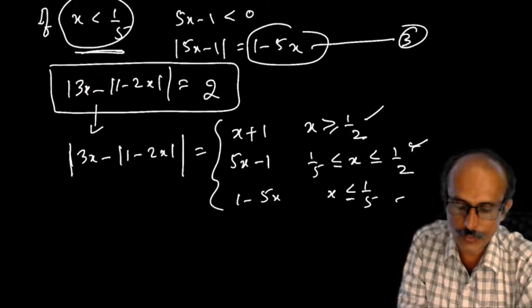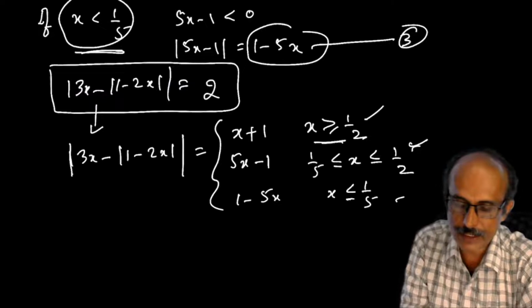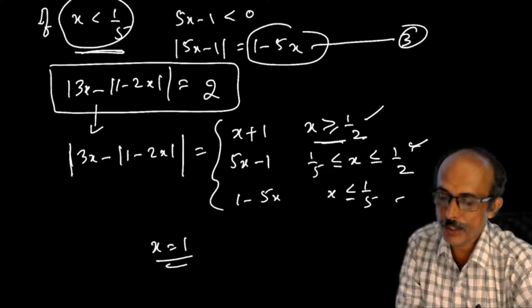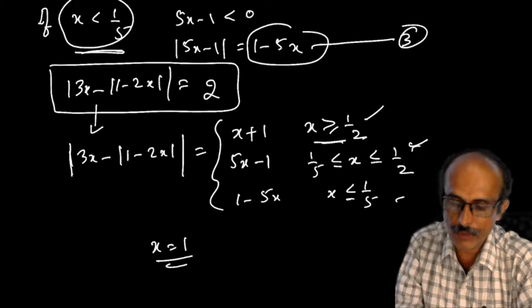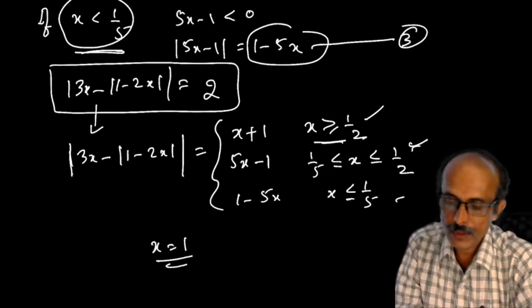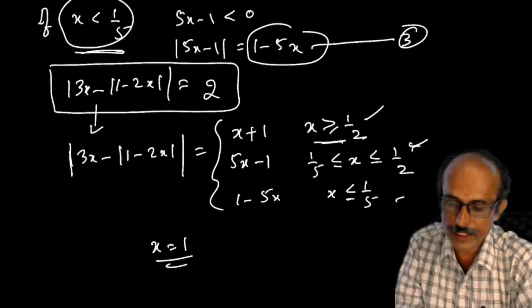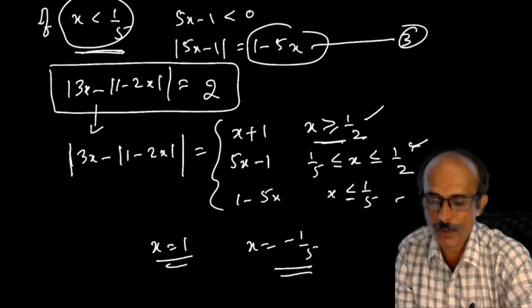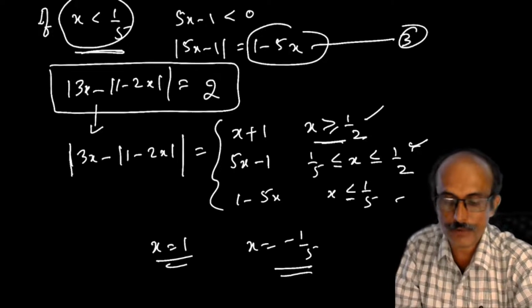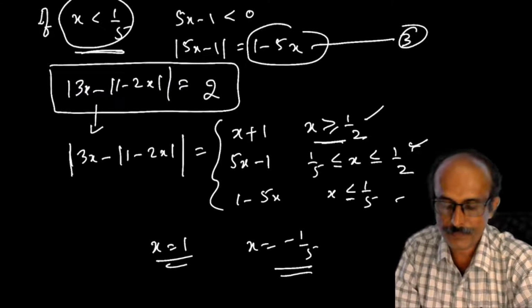So this is equal to 2 whenever x plus 1 equal to 2, and that is whenever x is greater than or equal to 1 by 2. So x is equal to 1 is the possible value of x. Further, I want this to be equal to 2, I should take x to be equal to minus 1 by 5. So these are the roots of the equation.